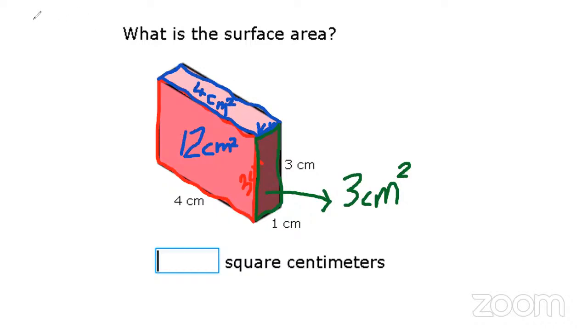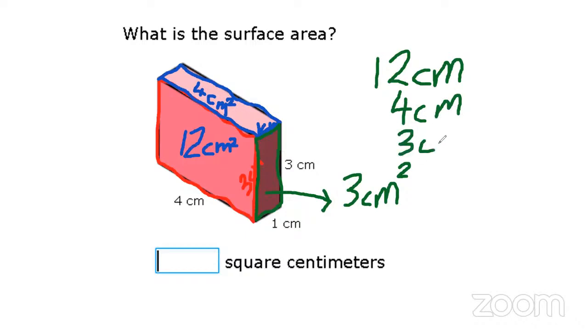Okay, so we have worked out each part together. I just want you to tell me the final answer. All right. So if one part is 12 square centimeters here, and we have another part 4 square centimeters, and we have this part 3 square centimeters, let's go ahead and figure this out.